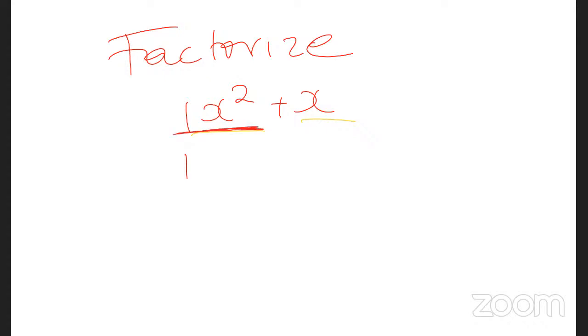Over here we have x squared. Over here we have x. Do we have the same letter on both sides? Yes. So you're gonna write down x as a part of your HCF, and you write the lowest power of x. So here the power of x is 2. What's the power of x over here?